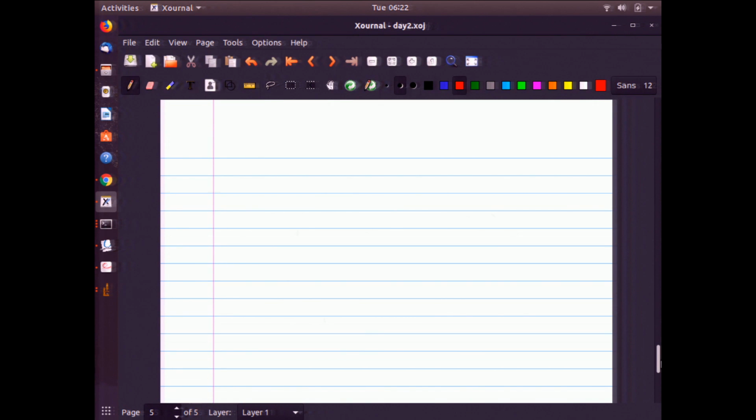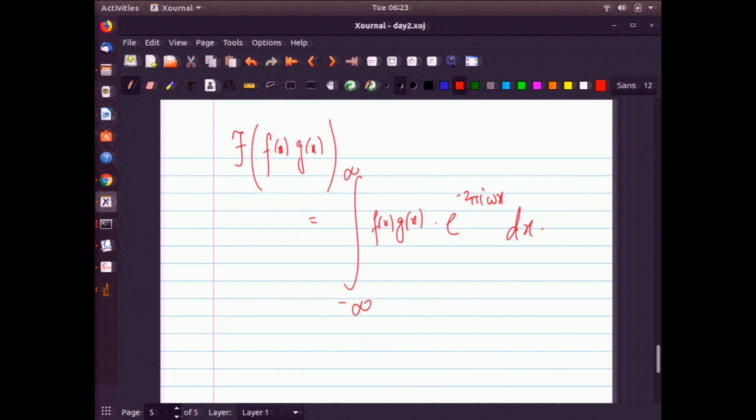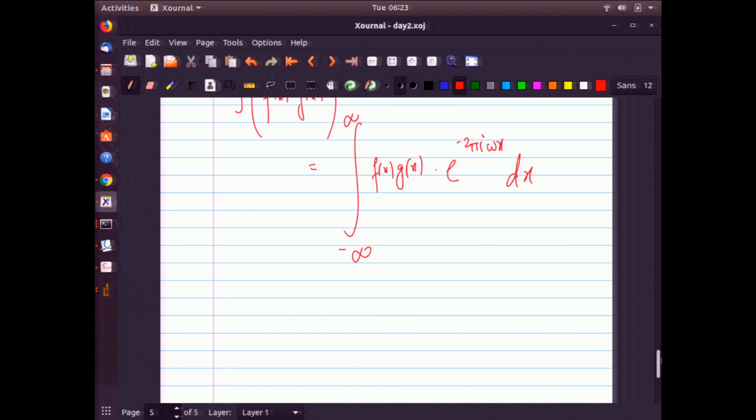Yeah, so if you think, what we want is, we have f of x, g of x, and what we're asking is, what is the Fourier transform of this? Now, the blind approach to doing this is you just write down the integral we know already. You write down f of x, g of x, right? We know this already. We've seen the definition.